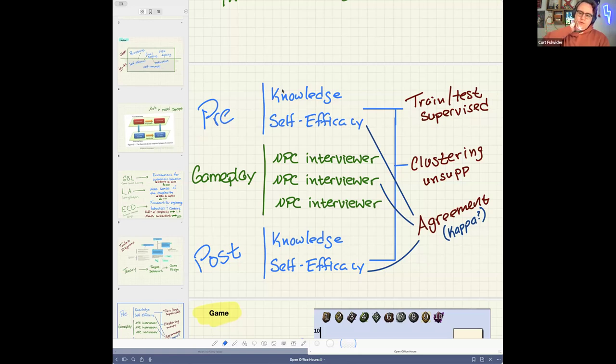So I want to also do some unsupervised clustering, and then see if the groups that come out of the data, I can see patterns in their self-efficacy beliefs along those groups, to try and help validate, boost the argument that what we have is measuring self-efficacy, or at least something there.